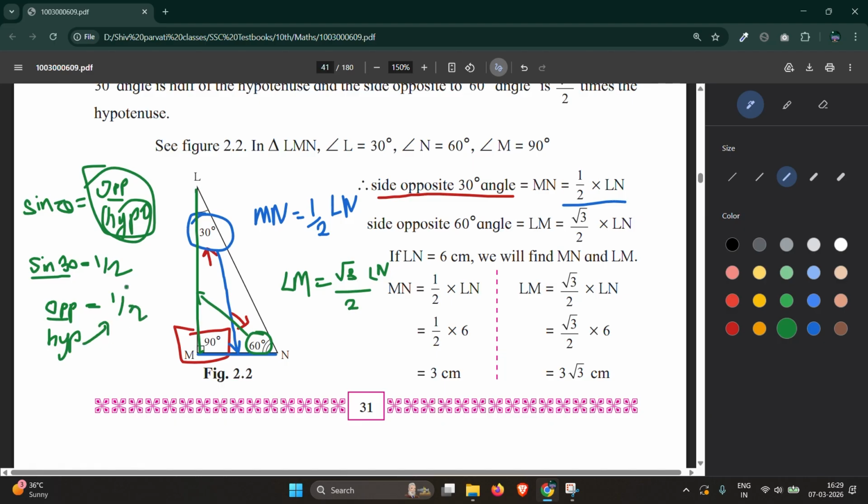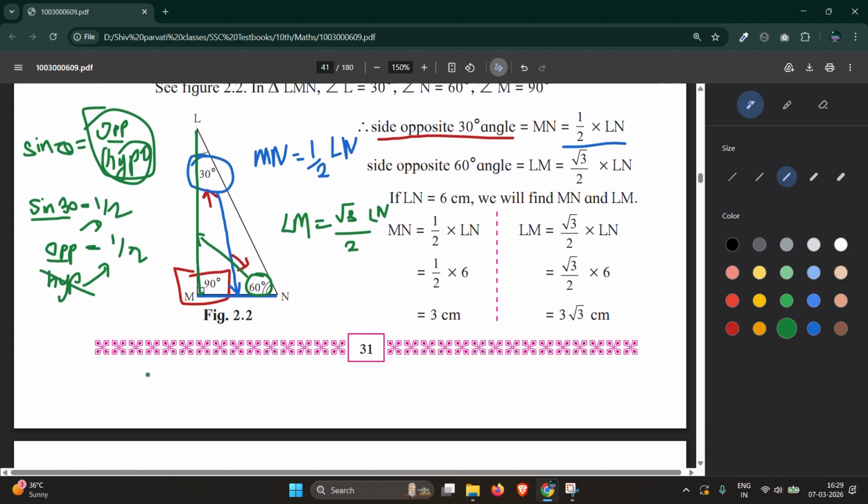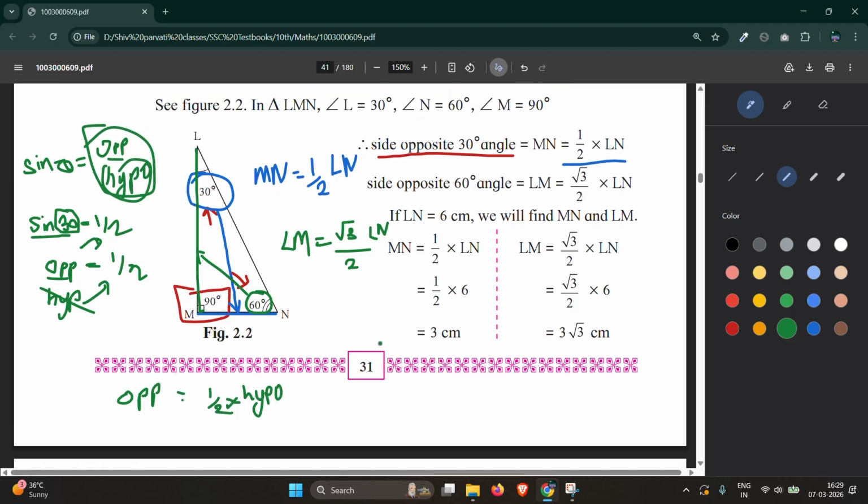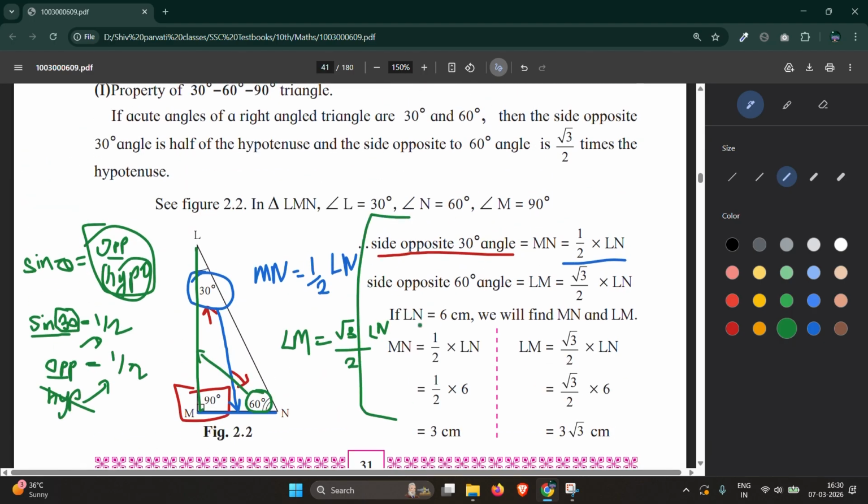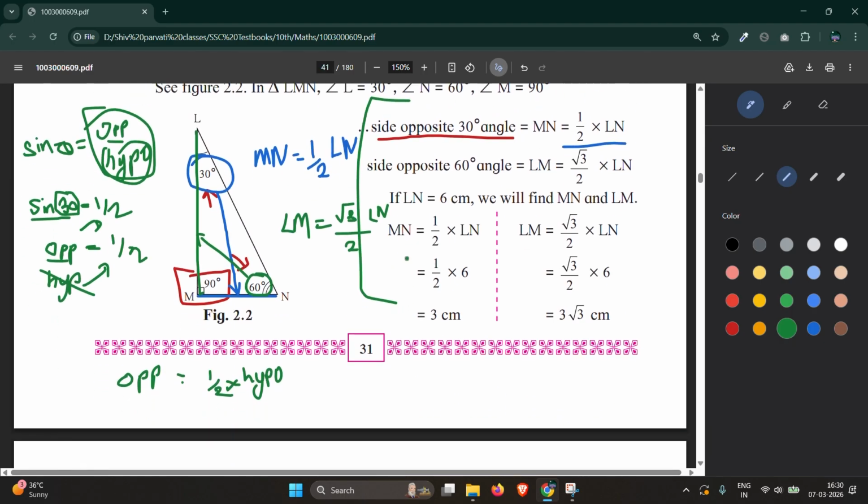We can multiply both sides of the equation by the hypotenuse to cancel it from here. So we finally get that the side opposite to the 30-degree angle equals 1 half times the hypotenuse. All of these properties are nothing but derivations from simple trigonometry.